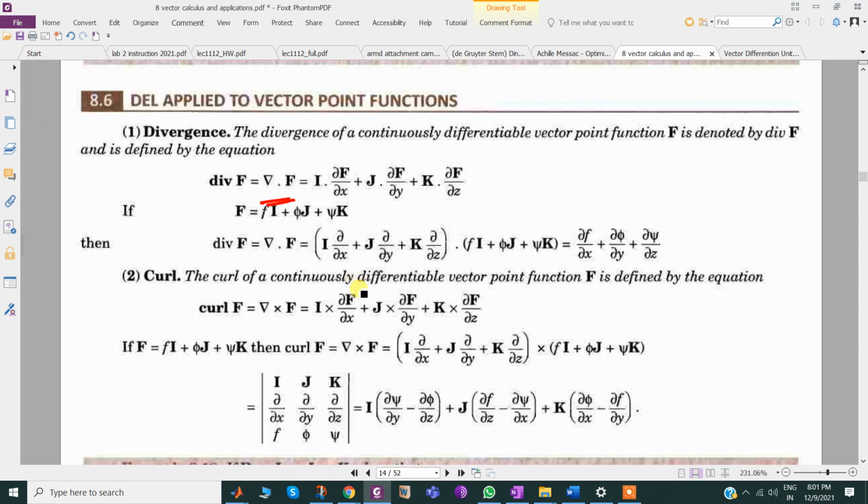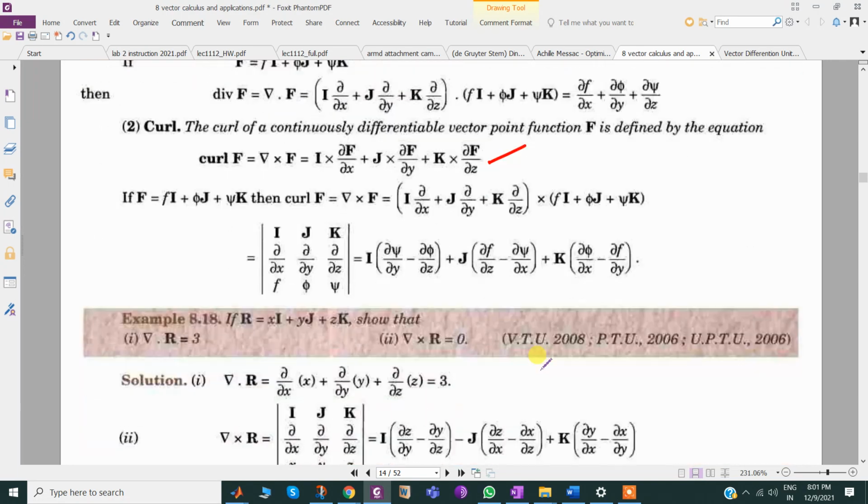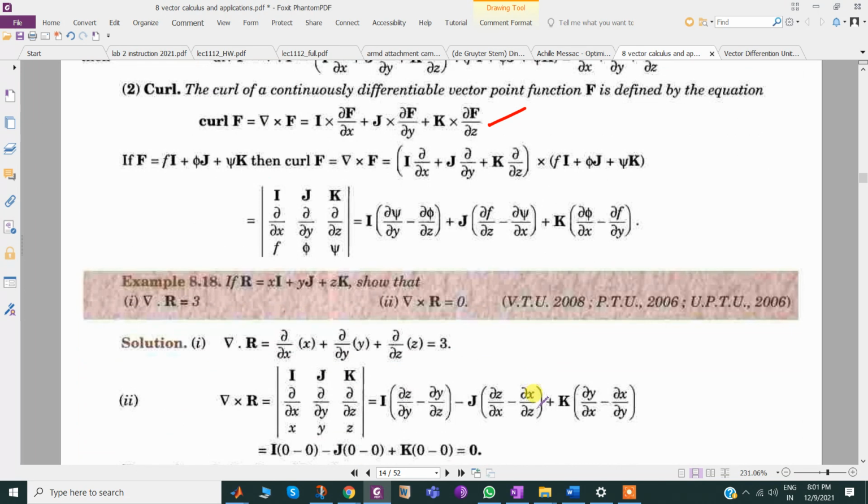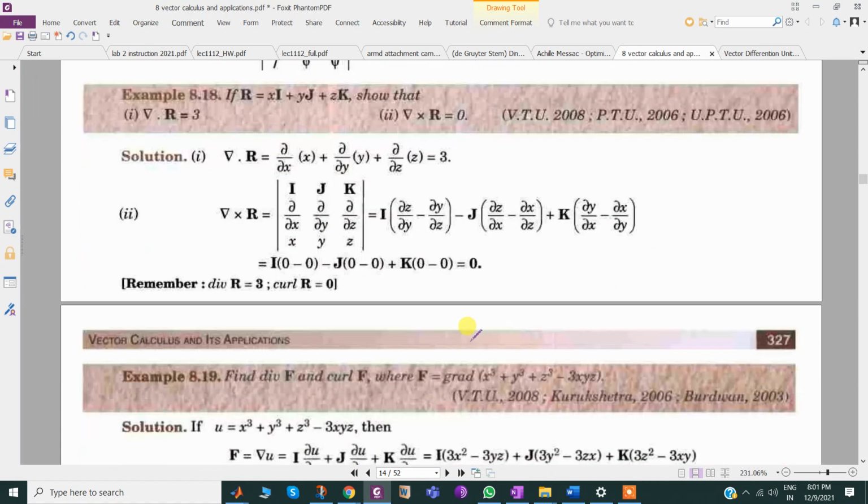Again, the curl of the continuously differentiable vector point function f is defined. Why the term continuity appears: to apply differentiation and integration, the curve must be continuous, then only we may try. Similarly, this one also.